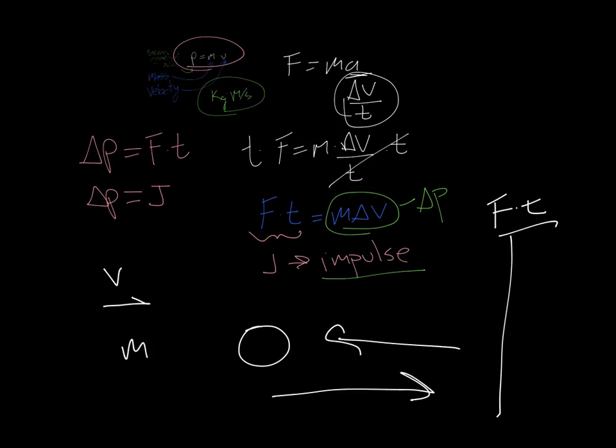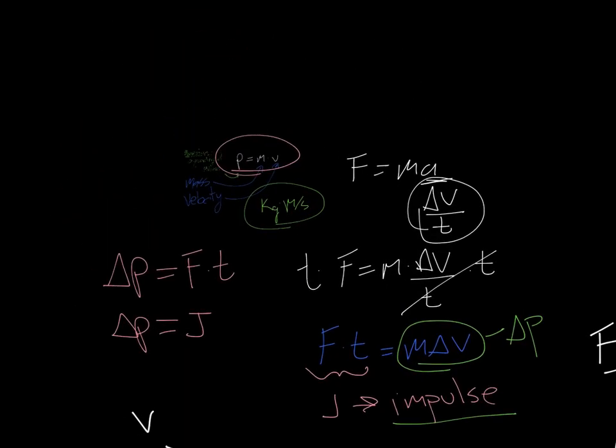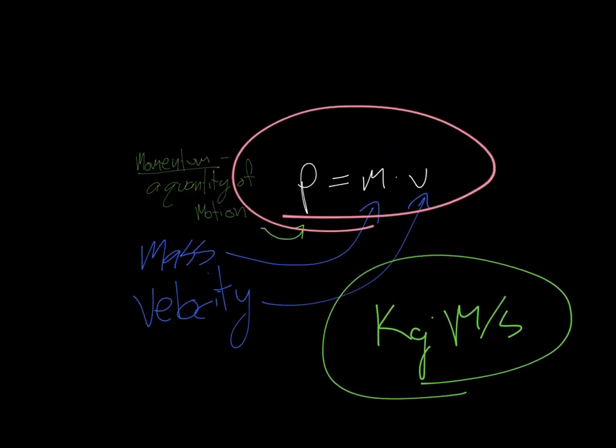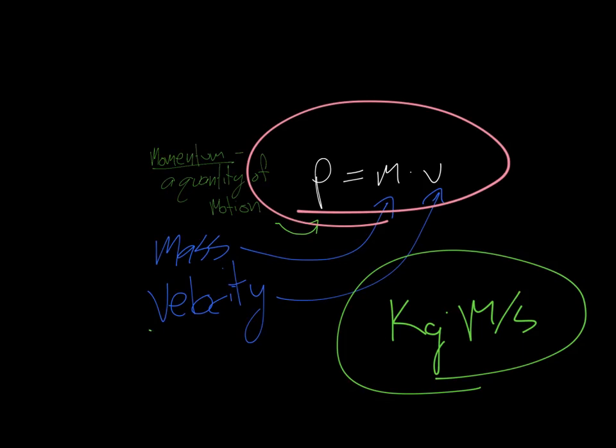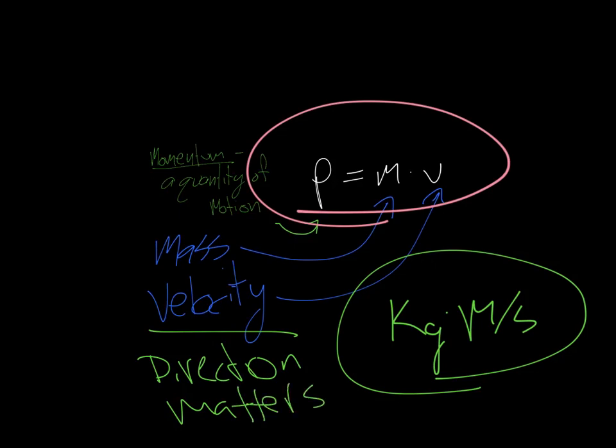So that's the one thing that is important to note: this is mass times velocity, which means that the direction matters. That is a helpful point for you to think about. Direction matters with momentum.